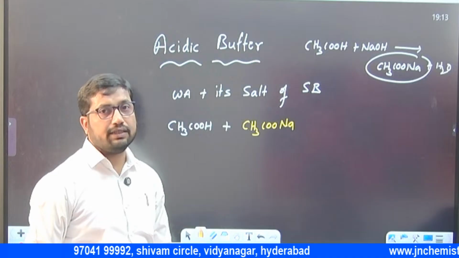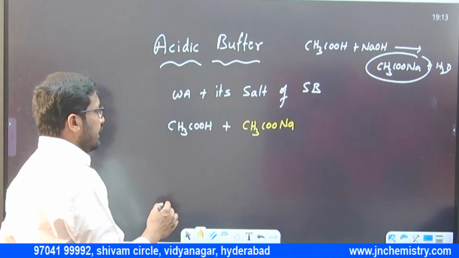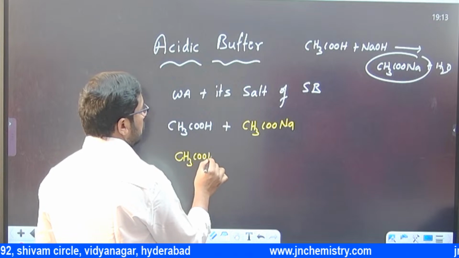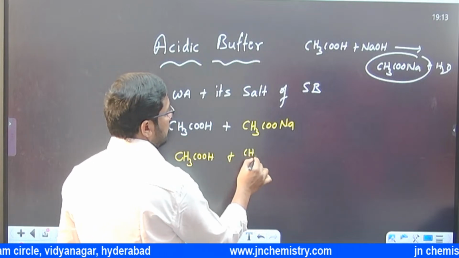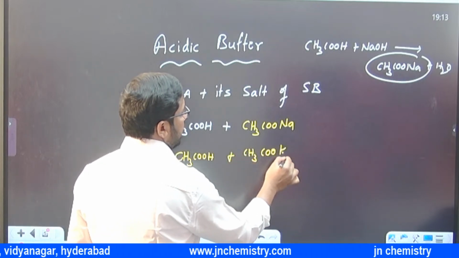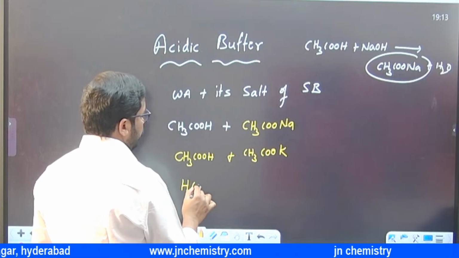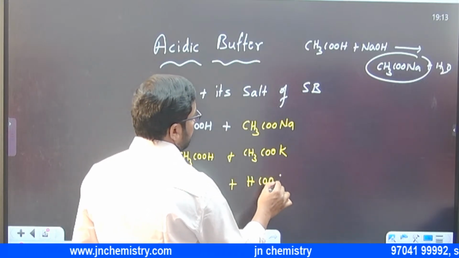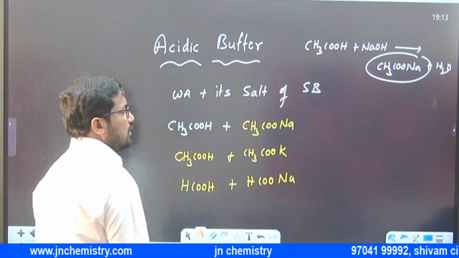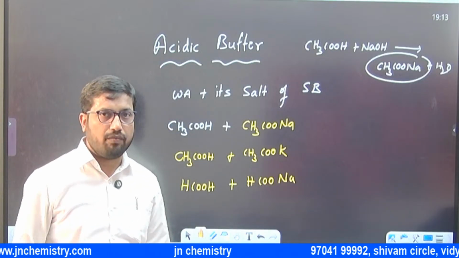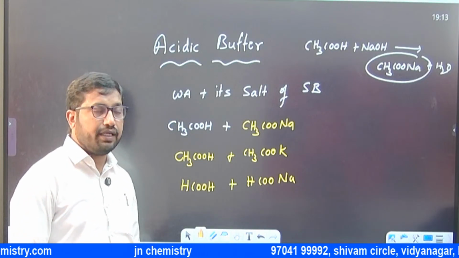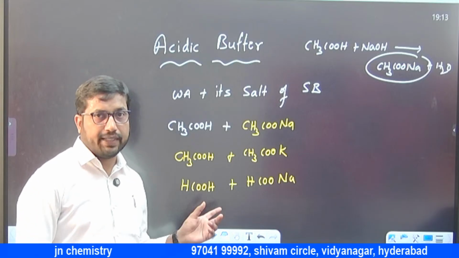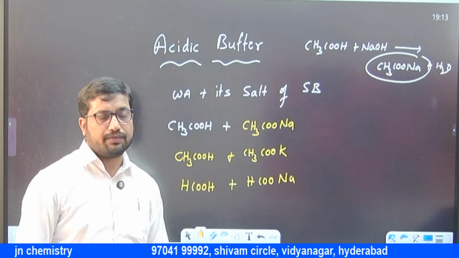So this we call as acidic buffer. We can take example CH3COOH, CH3COOK, HCOOH, HCOONa. Like this combinations, we will get n number of combinations. So we need to identify, and here one complication is going to come, that I am going to explain right now. First write this example.